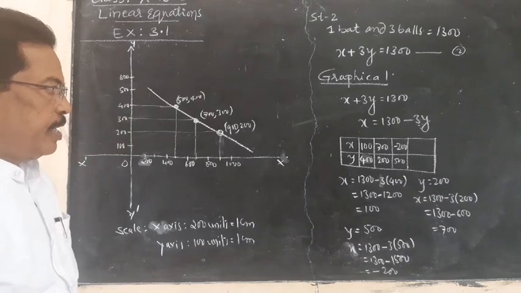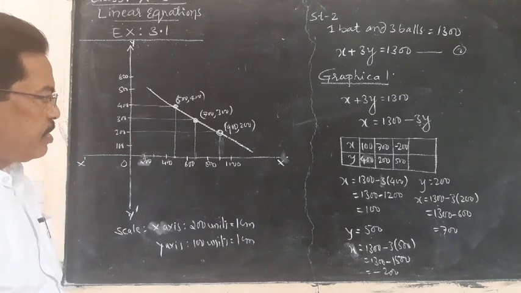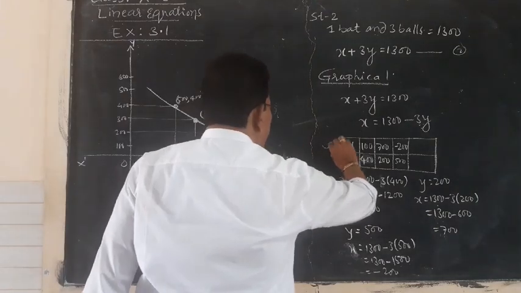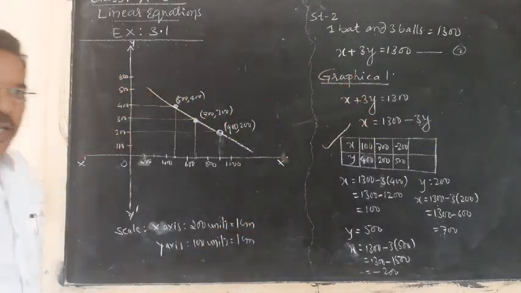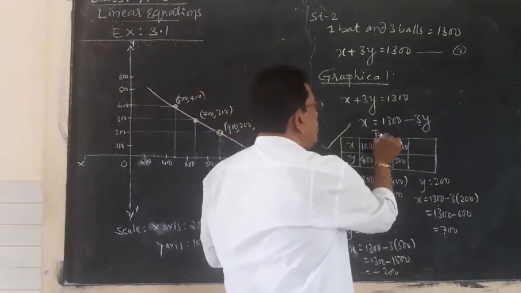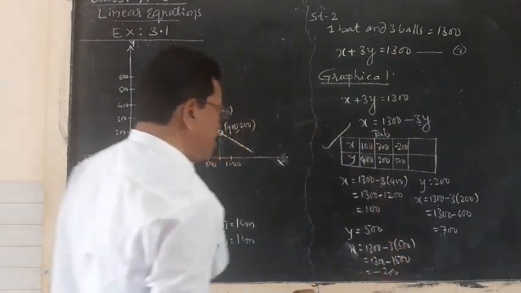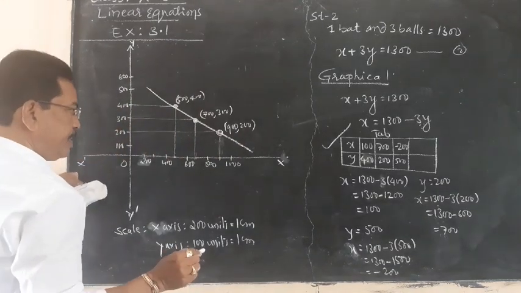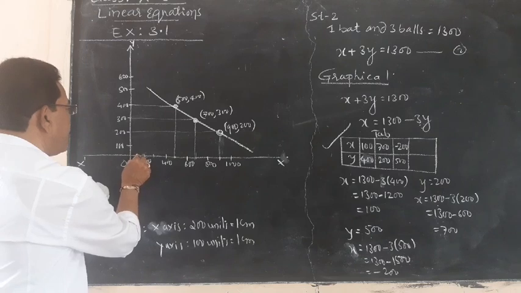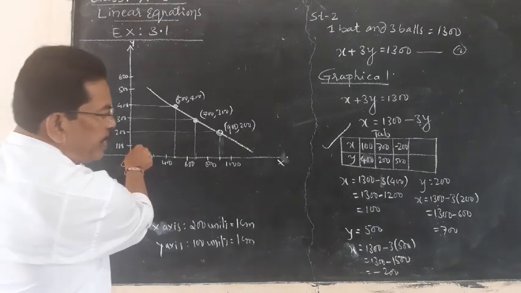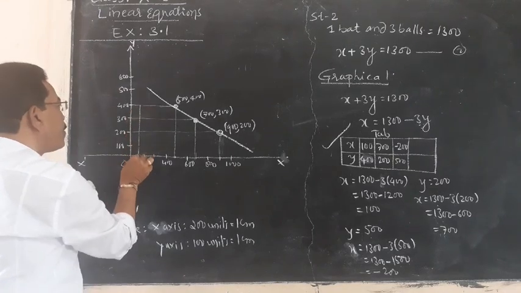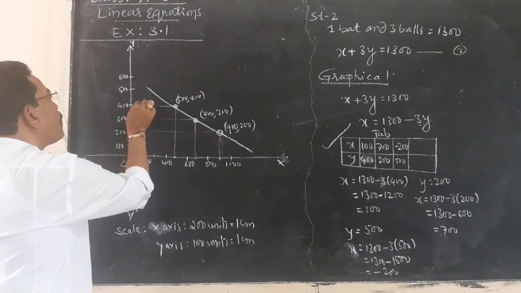Minus 200. This much is sufficient, or 3 values are sufficient for graphical representation. Okay, now let us set the tabulation into graphical representation. X equals to 100, y equals to 400.